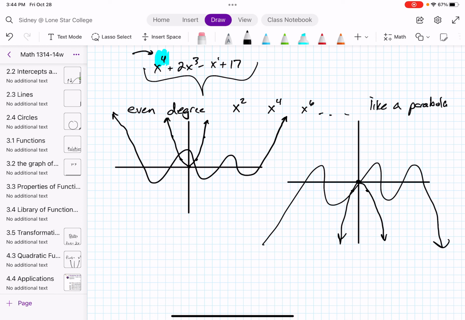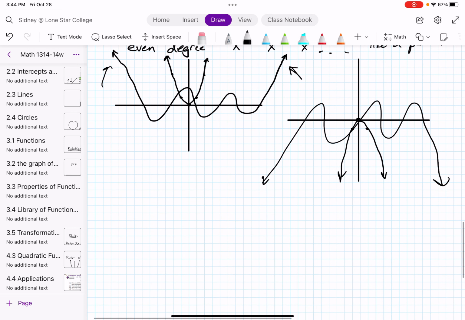However, if it starts down, it will end down. If it starts up, like this one does, it will end up. Even degree polynomials will always end in the same direction they began. So if it started up, it'll end up. If it started down, it will end down. And that is true for all even degree polynomials.